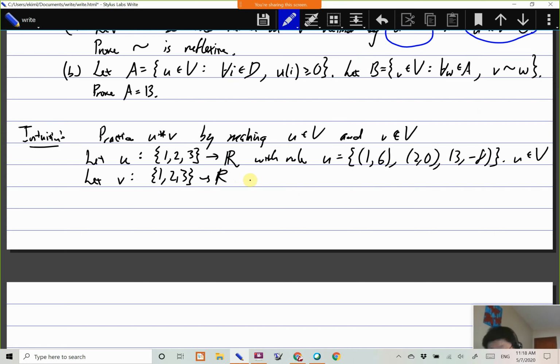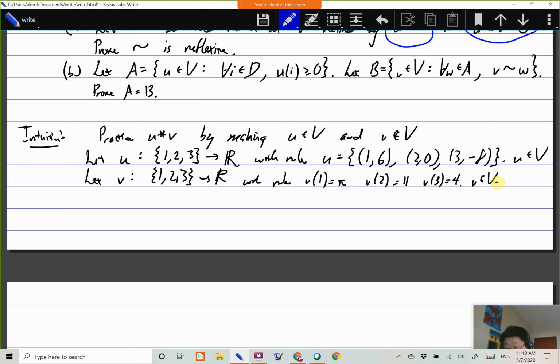And just for the sake of review day, I want to write the rule differently: v of 1 equals pi, v of 2 equals 11, and v of 3 is equal to 4. So little v belongs to capital V. It's a function where the domain is the set {1, 2, 3}, and the codomain is reals. Every output is a real number.